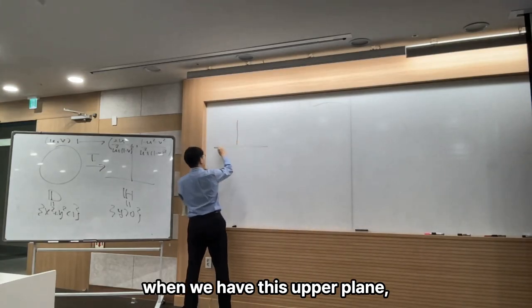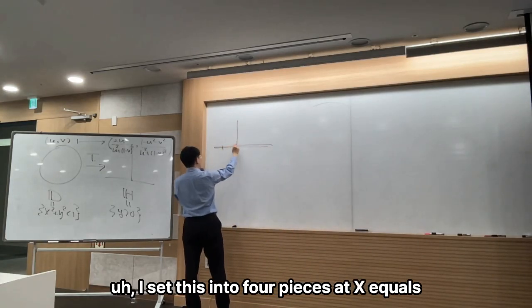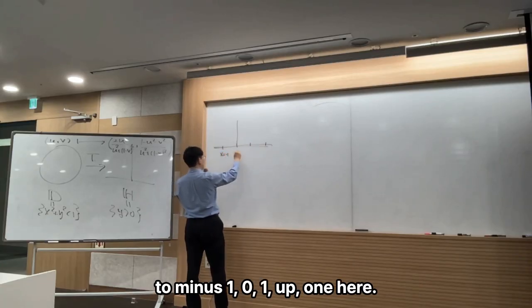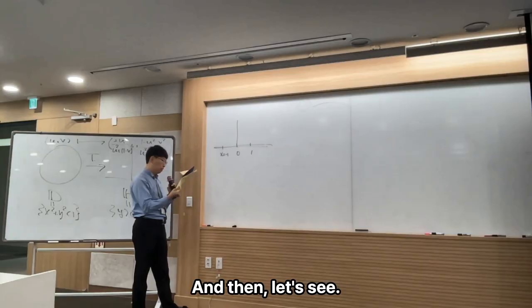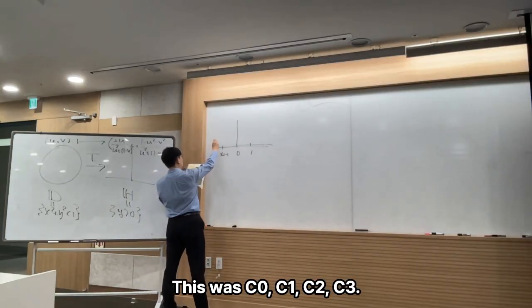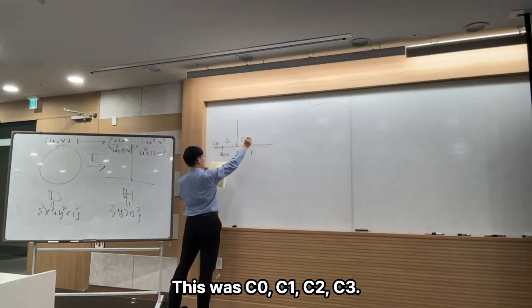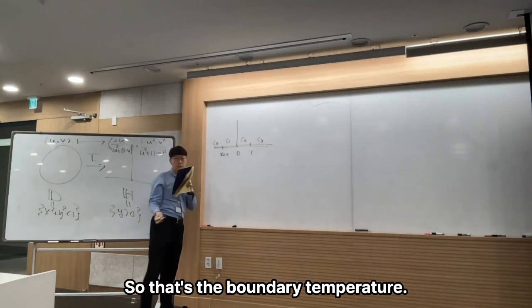this upper half plane, I split it into 4 pieces at x equals -1, 0, 1 here. And then this was C0, C1, C2, C3. So that's the boundary temperature.